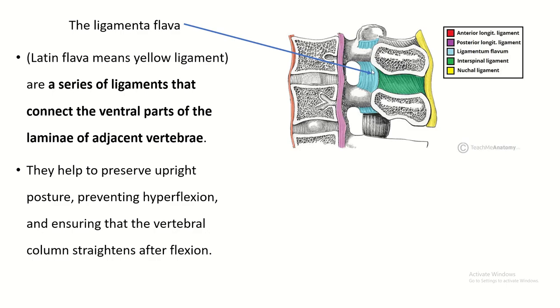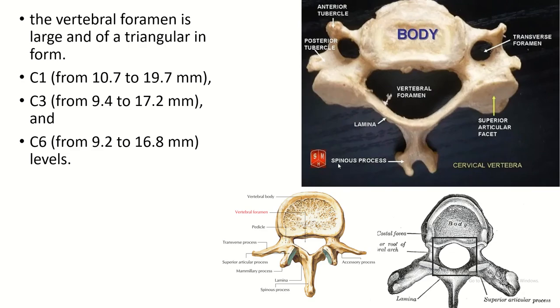Ligamenta flava are a series of ligaments that connect the ventral part of the laminae of adjacent vertebrae. They help to maintain upright posture, preventing hyperflexion and ensuring that the vertebral column straightens after flexion. The vertebral foramen is large and triangular in form.